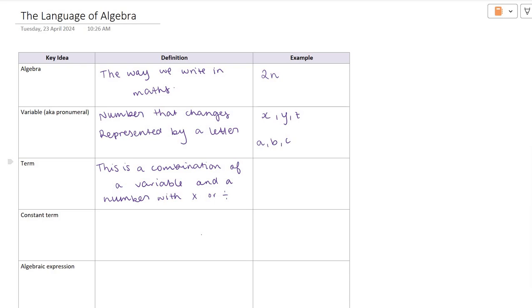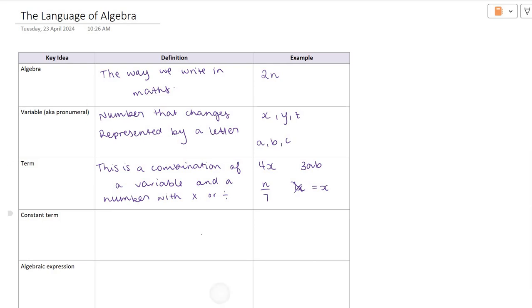So some examples of a term would be something like 4x, maybe 3ab. And if we had division, we would write that using a fraction. We'd have like n over 7, for example. So these are all terms. If we have something like 1x, we write that out as x. We forget about the 1, okay? So they're all examples of a term.